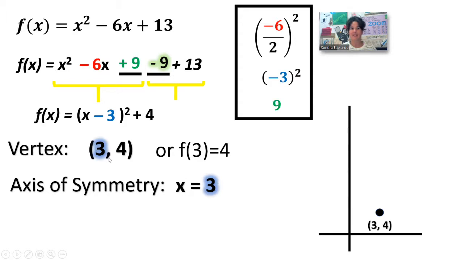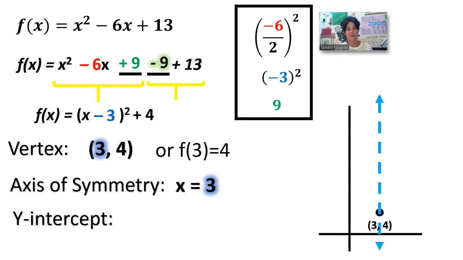But it's an equation, so please don't write just the number 3. The equation of a vertical line at 3 is x equals 3. So there's our line of symmetry.